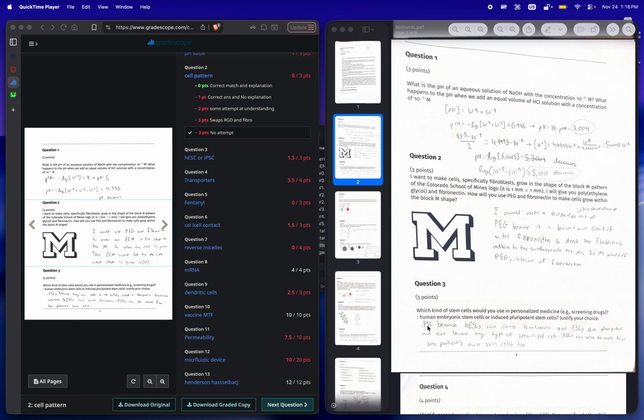Then for this one, I would do induced pluripotent. This is because the embryonic stem cells can form teratomas, which you don't want. And then the iPSCs are pluripotent, which means they can specialize into any kind of cell type.